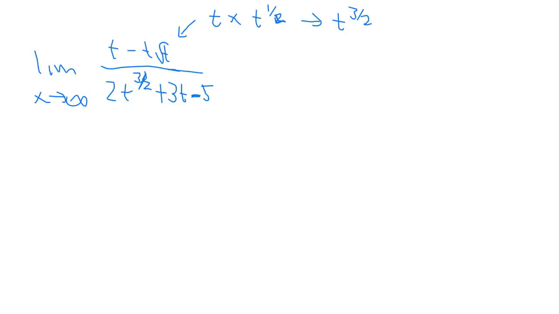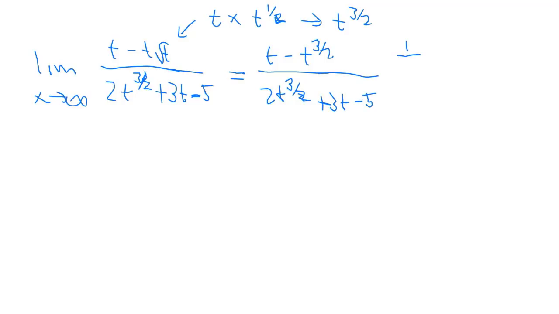So I'll just rewrite it here: t to the 3 halves over 2t to the 3 halves plus 3t minus 5. And what you want to do is divide by the highest exponent.